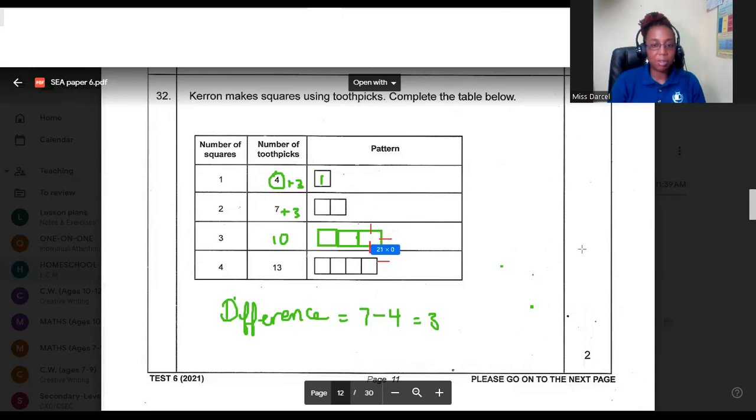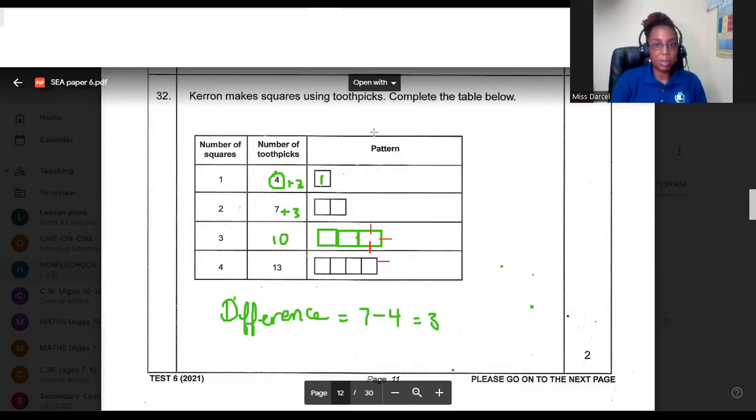Right, so you just added on 3 sticks, or toothpicks. So you can do it that way as well. Easy, easy 2 marks. Look at that.